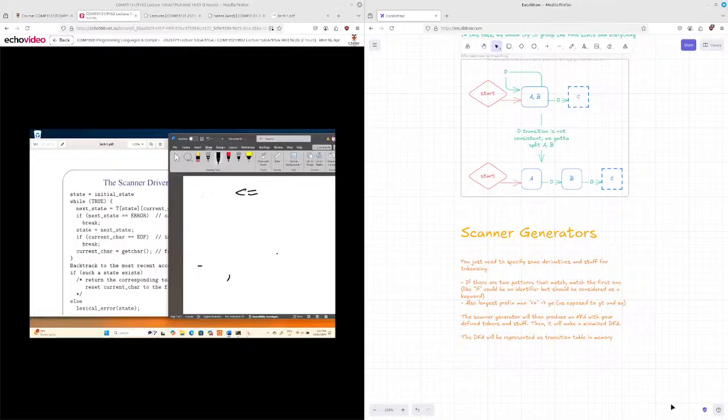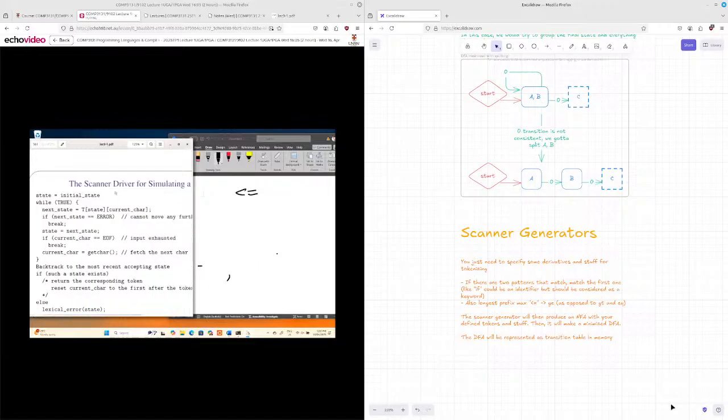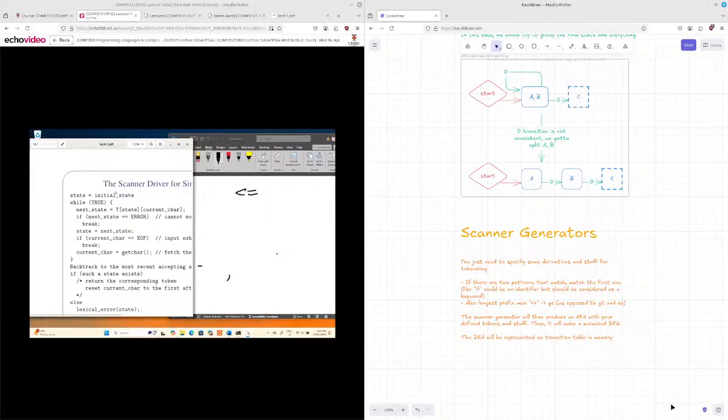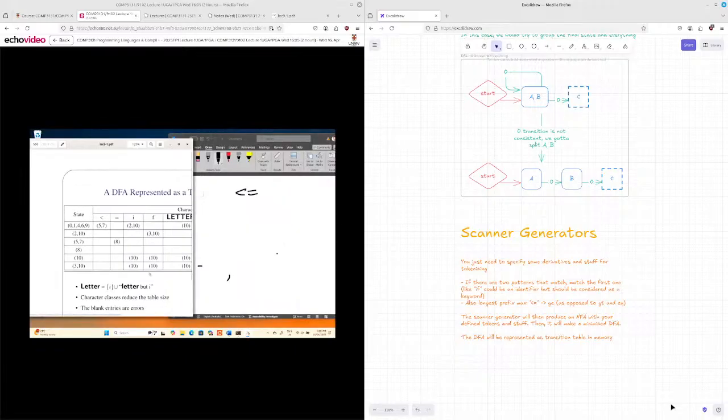So if the input is less than or equal to, right? What do we do? We start from the initial state. Just look at this table, which I made up. So we start from the start state.